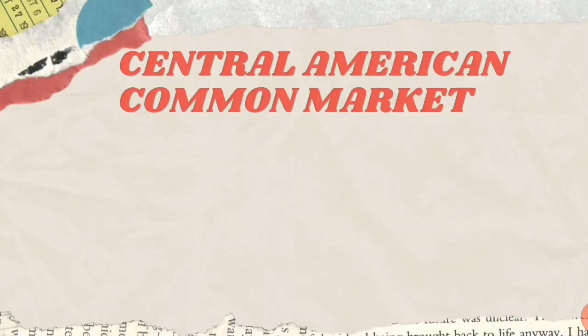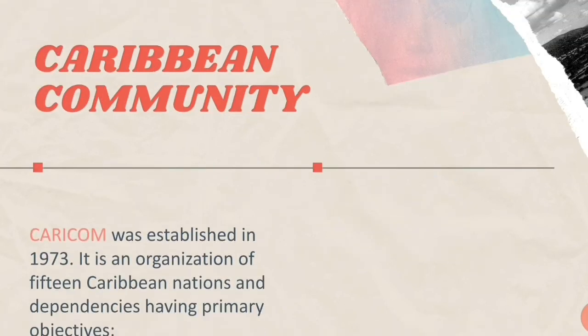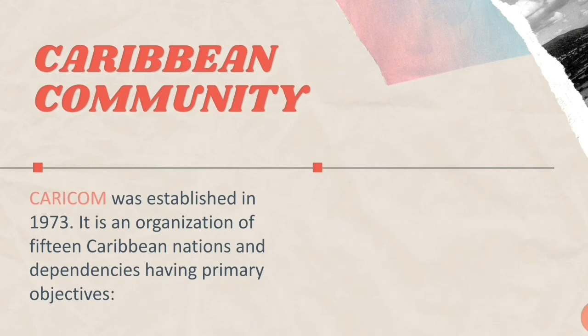Next topic is the Central American Common Market. It is an economic agreement among the 5 Central American countries, which are Costa Rica, El Salvador, Guatemala, Honduras, and Nicaragua. The Caribbean Community, or CARICOM, was established in 1973.